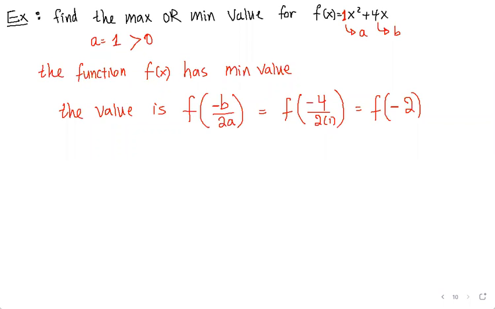Now I plug this number inside this function. f of minus 2 equals minus 2 squared plus 4 times negative 2. Minus 2 squared is 4, plus 4 times negative 2 is negative 8, right?